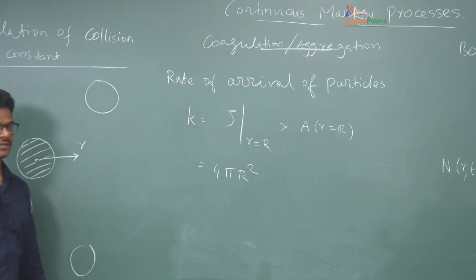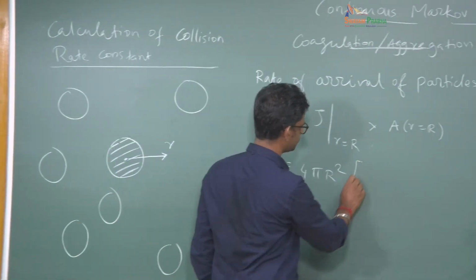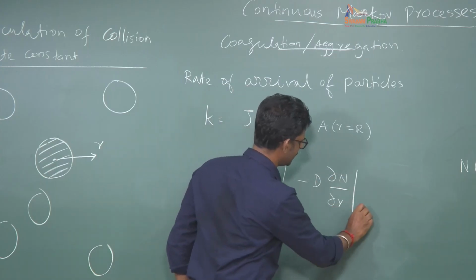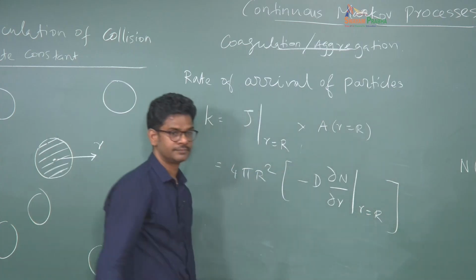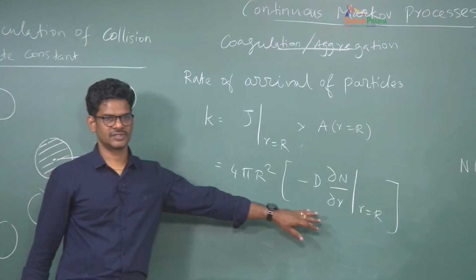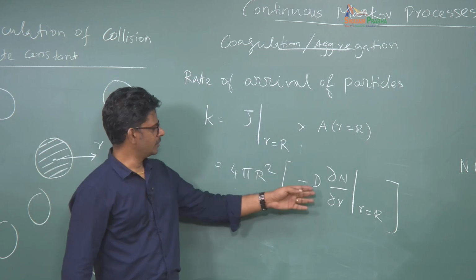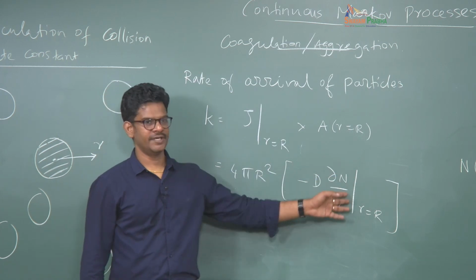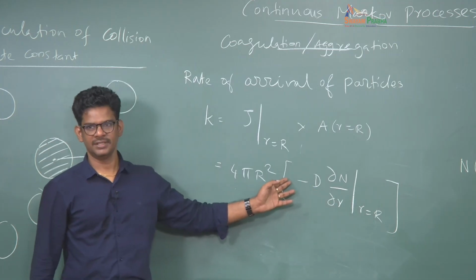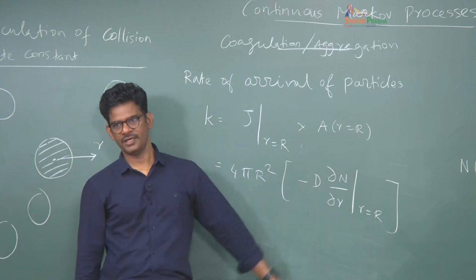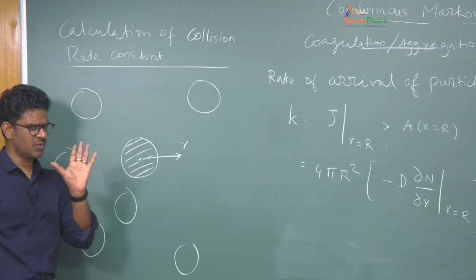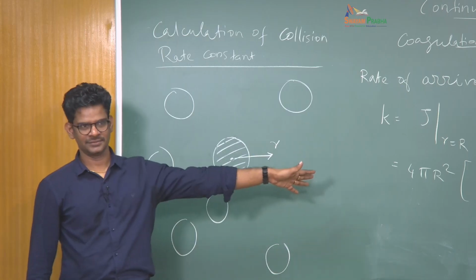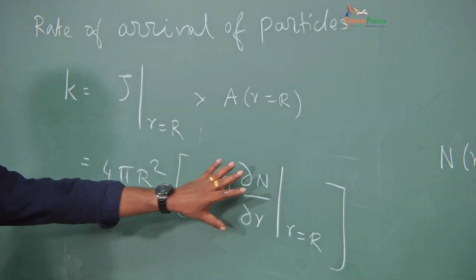This flux J is nothing but minus D dou n by dou r calculated at r equal to capital R. This is Fick's first law: if I know the concentration, the number density of the particles, the derivative times the diffusivity D gives me the flux. This is a diffusion flux, because the only mechanism by which the particles are coming is diffusion, no convection here.